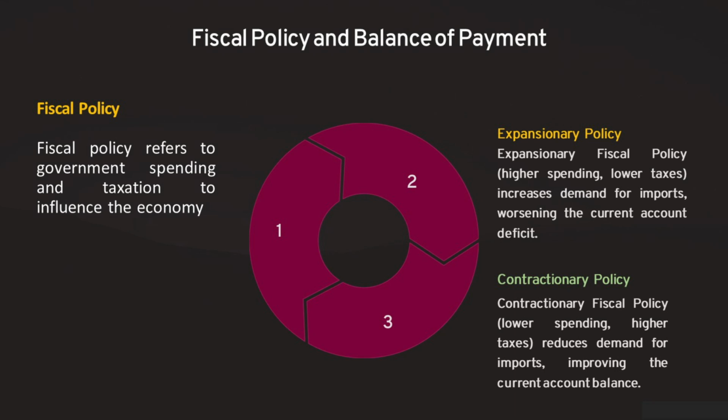So that is the impact of contractionary fiscal policy on balance of payment. In case of expansionary fiscal policy, it may worsen the current account deficit because of the increase in import, and in case of contractionary fiscal policy, it may improve the current account position because of the reduction in the demand for import.